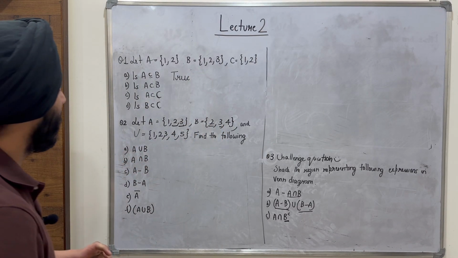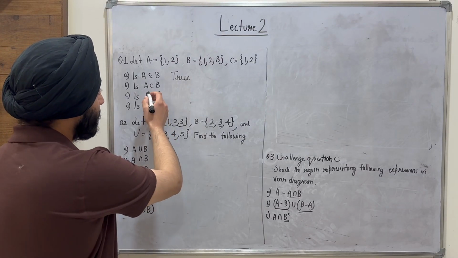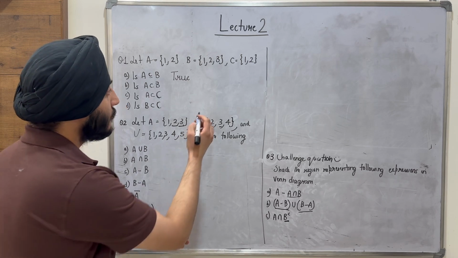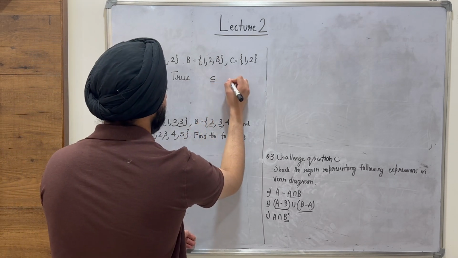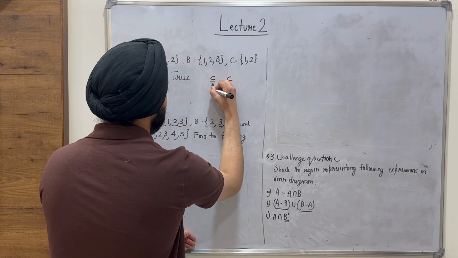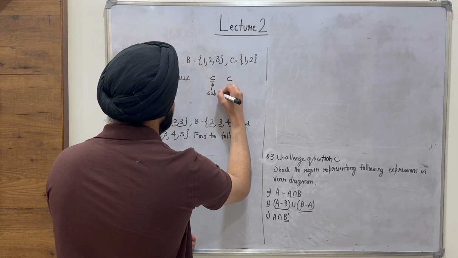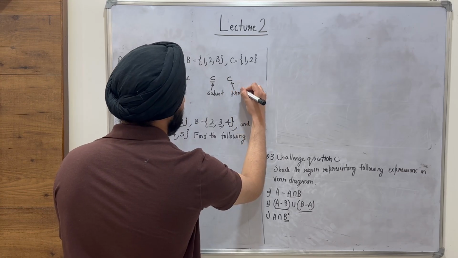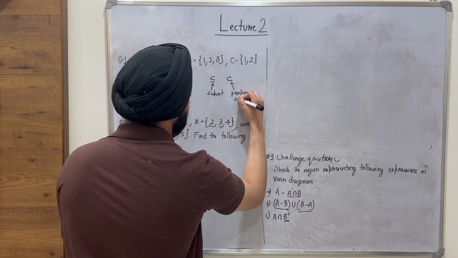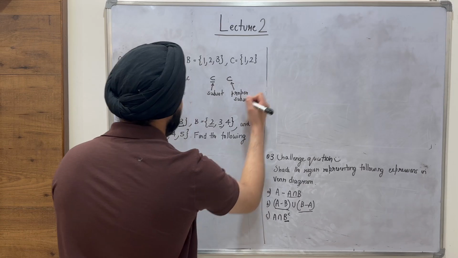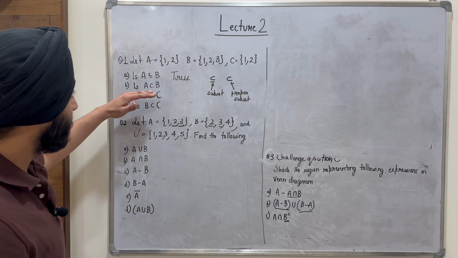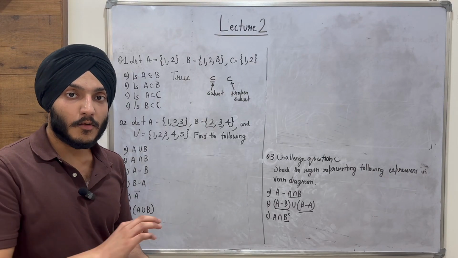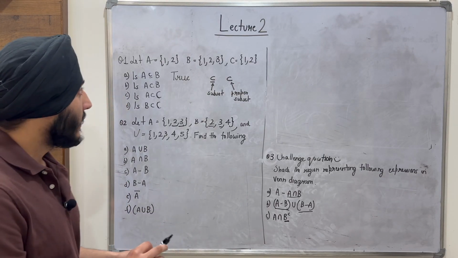Moving on, is A a proper subset of B or not? Once again, just a quick tip: don't confuse these 2 symbols over here. This one means a subset and this one over here means a proper subset. So is A a proper subset of B or not? In the case of a proper subset, I'm going to say the definition once again.